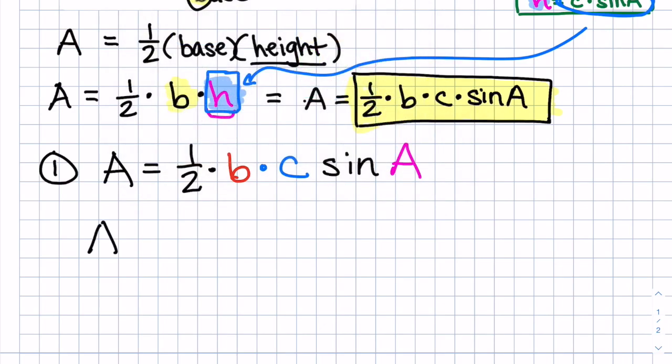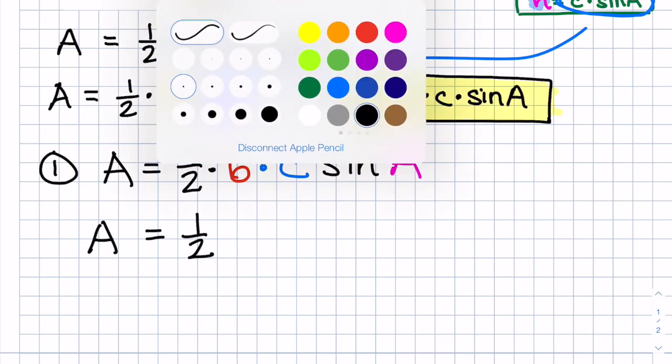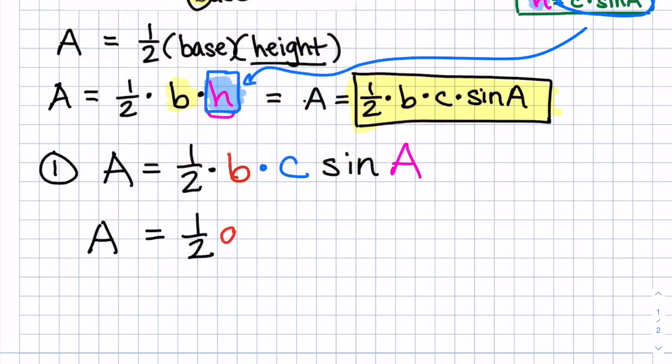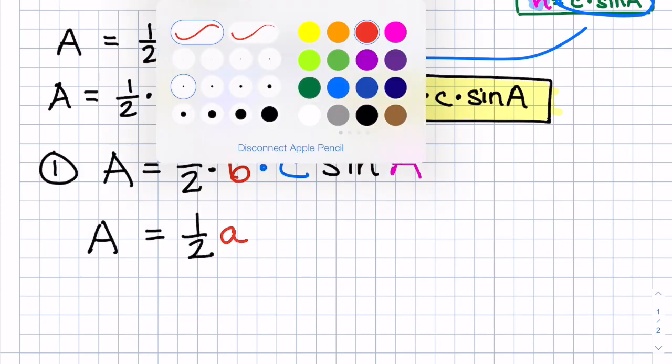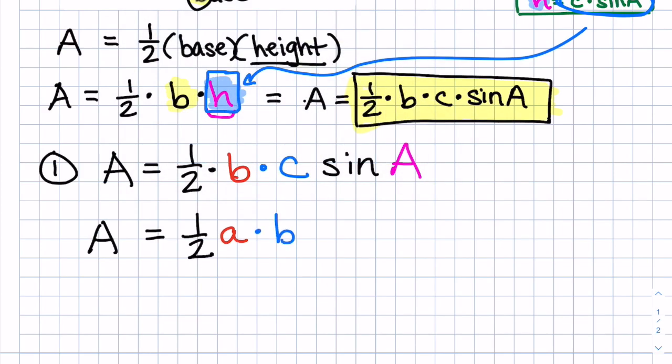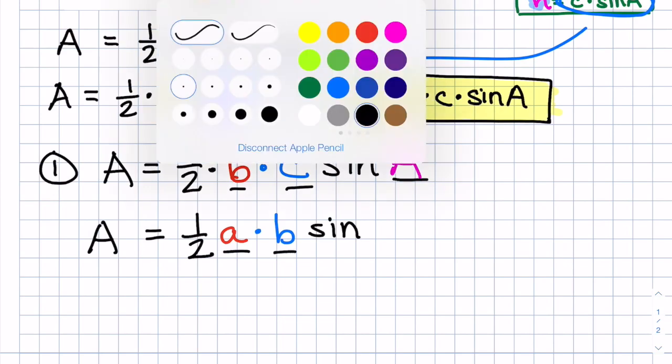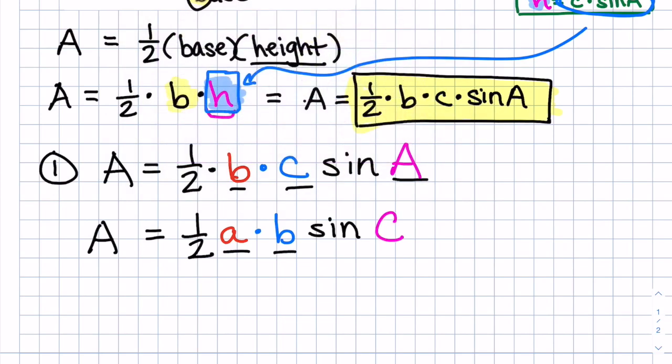What's another version of the same formula? Well, we could have area is equal to 1/2. Well, what if we don't want little b, little c? What if we want little a, little b? Then what would the angle be? Well, notice we used A, B, C, so I already used A, B, so then the last one would be capital C. And if I wanted the third version, I could do 1/2.